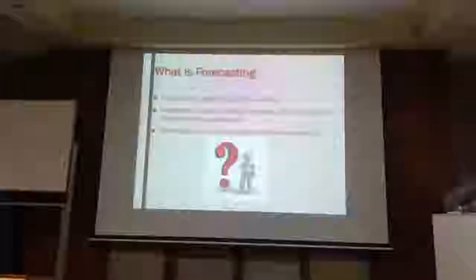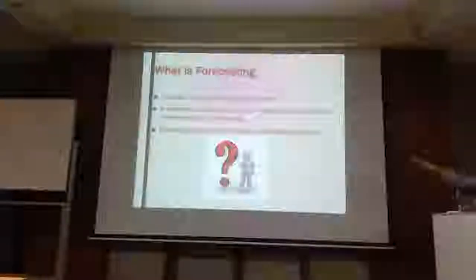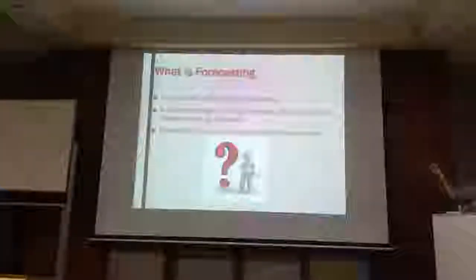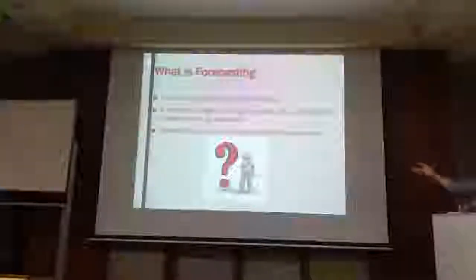For the context of OM, we try to use the information from the past and the present to predict the future. And in the context of OM, we forecast the demand of the existing product of our organization, or the demand of customers who use our service.